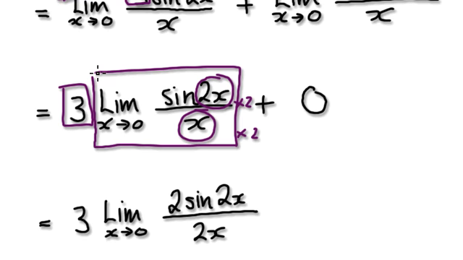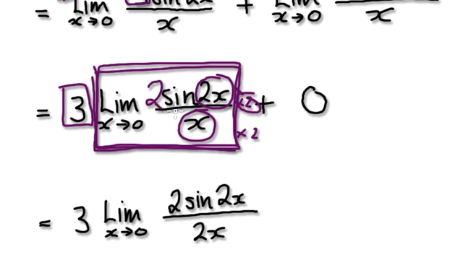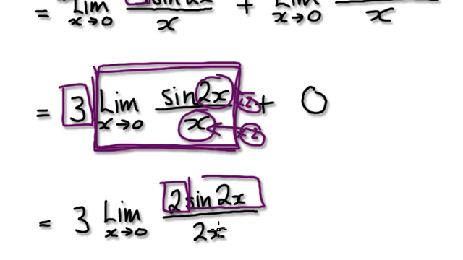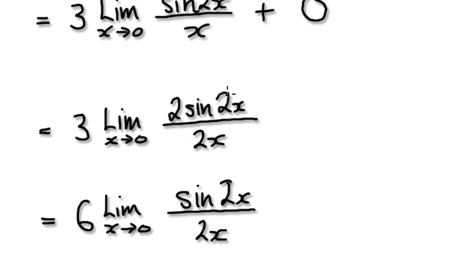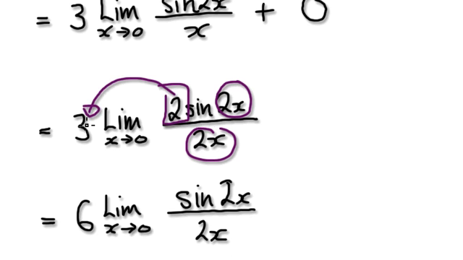Remember we're just concentrating on the limit of this. So this 2 gets multiplied to the top, that's why you've got a 2 here. Sine 2x stays the same, and this 2 times x gives you this. Now notice that these two are the same. Take this 2 out, so that will merge with the 3 to give you 6.